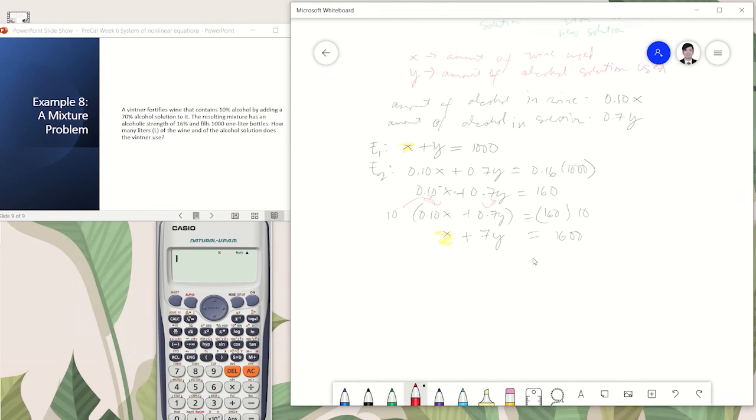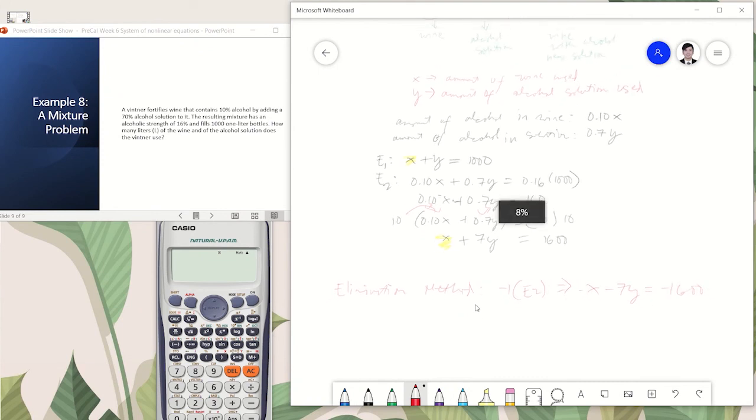So perhaps my first action, so that I will be able to use elimination method, I have to multiply equation 2 with a negative 1. If I do that, this will result to negative x minus 7y is equal to negative 1,600.